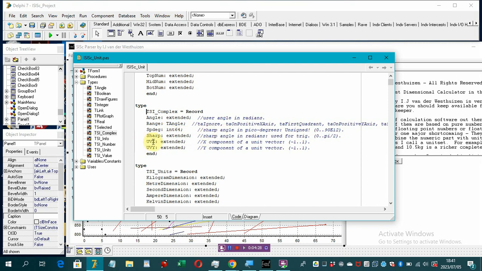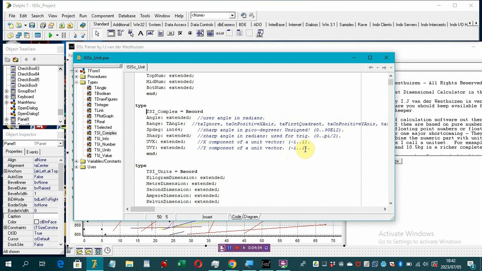The UVX is the x component of a unit vector, and it ranges between -1 and +1. And that was UVX, and that is UVY, the y-axis component of a unit vector, ranging from -1 to +1.